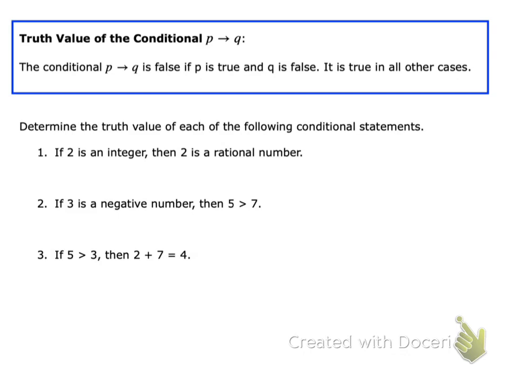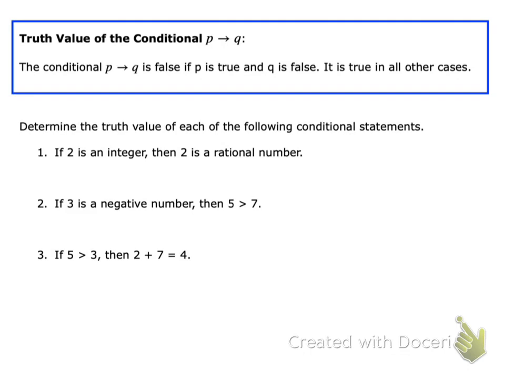We don't know. We can't determine that. So we just go with true. That's the piece that I think with conditional can be a little confusing. So let's first look at this, and then we'll look at some truth tables with it to kind of make more sense of this. So determine the truth value of each of the following conditional statements.